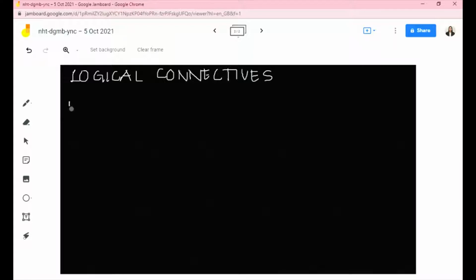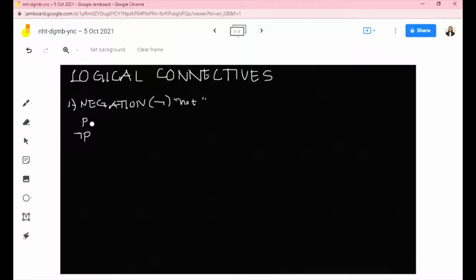Now let's begin with the first connective, that is the negation. The negation is given by this symbol, and it's read as not. So if I have a propositional variable p that represents my statement or proposition, then the negation of p will be not p.